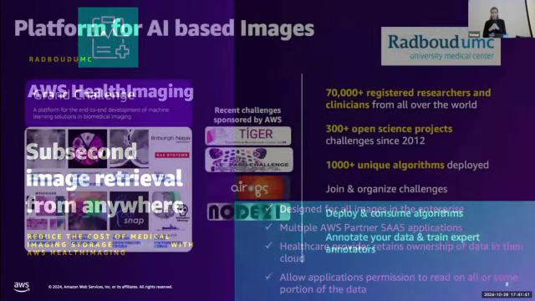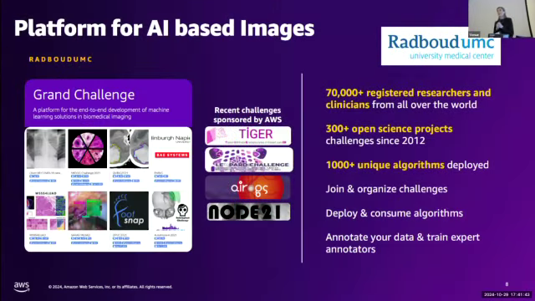Another partnership I wanted to highlight, as an example of what type of research capabilities the cloud is enabling, is the partnership with Radboud UMC, which has opened up new opportunities to accelerate the global medical imaging ecosystem and the research community.